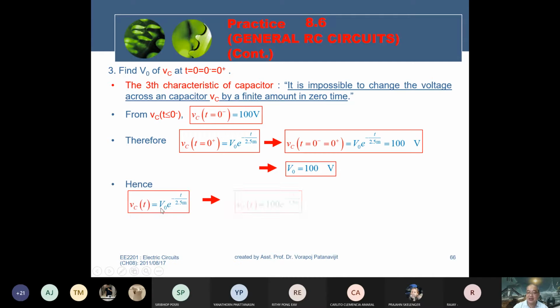Substitute them back in the general form of the capacitance voltage. You get VC equal to 100 e power minus t divided by 2.5 milli.